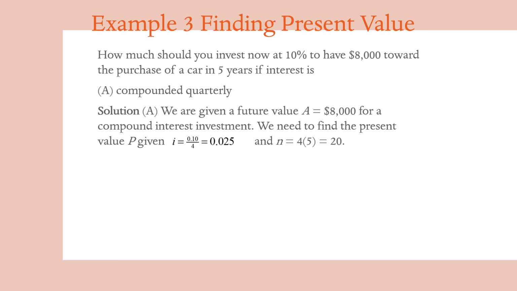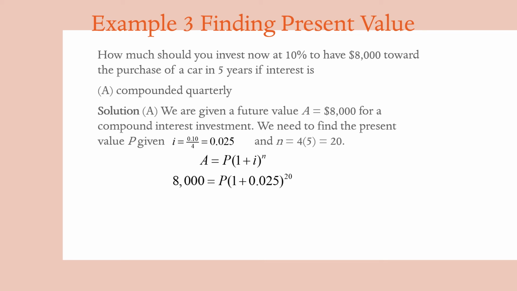Now, suppose I'm doing the same thing quarterly for $8,000. I know that n will be 4 times 5, which is 20, and the value for i is known because it is 0.1 divided by 4.